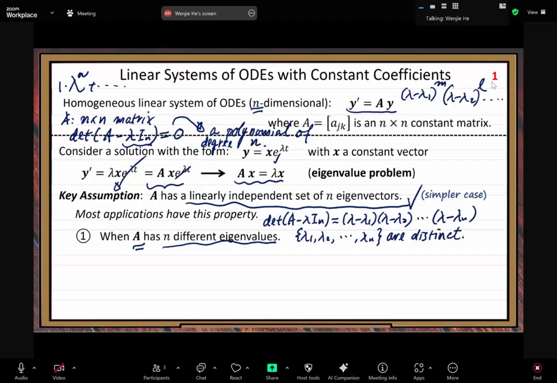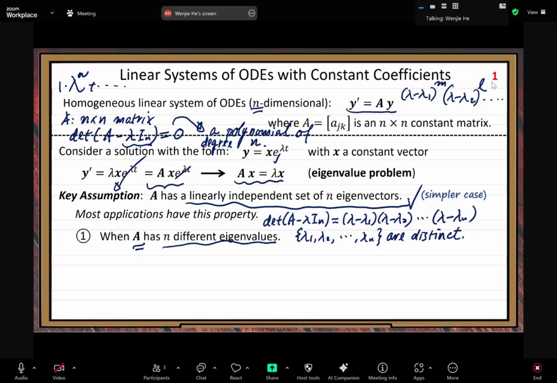Now, that's a special case, right? But the percentage is pretty high, right? For a general degree n polynomial, having distinct roots, the percentage is very high in a real world situation.